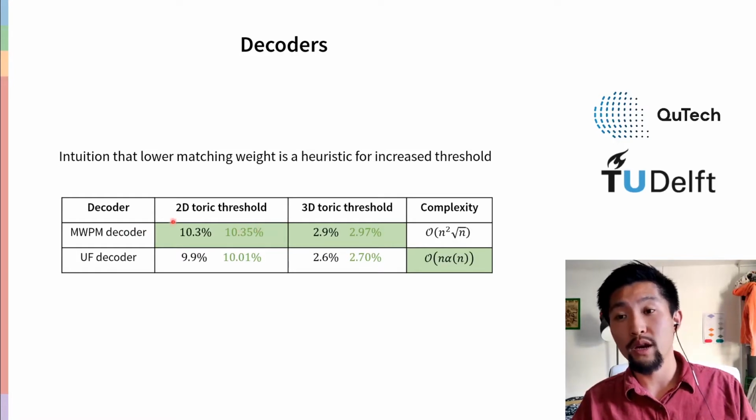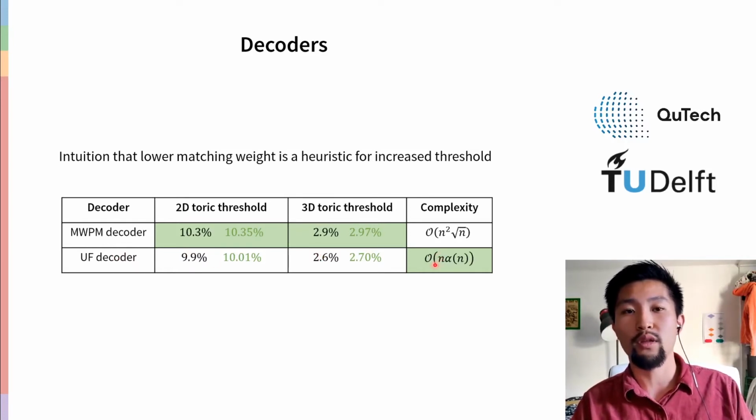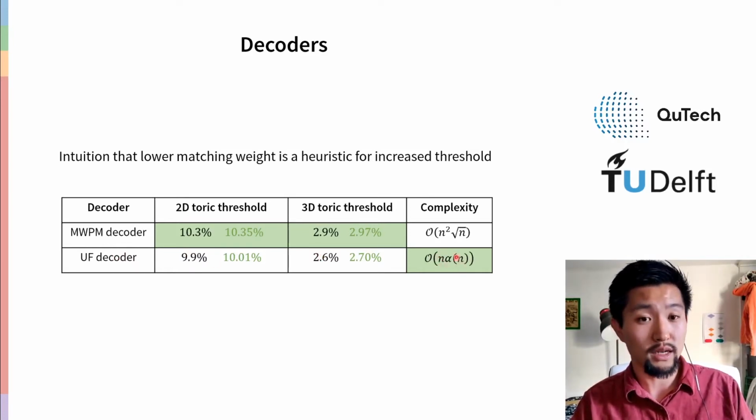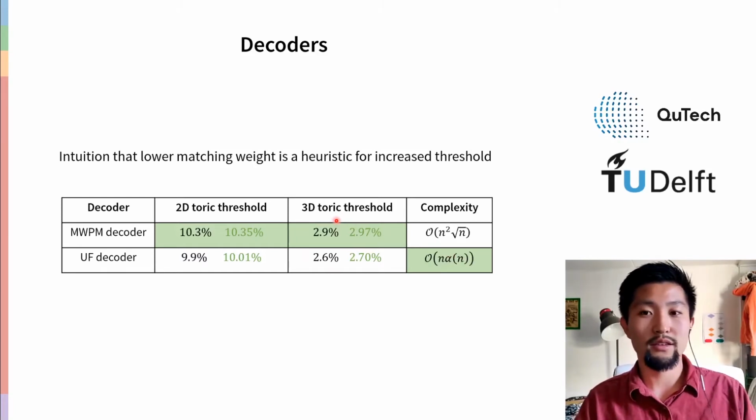What if we combine these two decoders, in the sense that we alter the unifying decoder to have even lower weights, such that we end up with a decoder that has a low complexity and a high threshold because we lower the weights of the matchings? This is what we do in the unified balanced Bloom decoder.